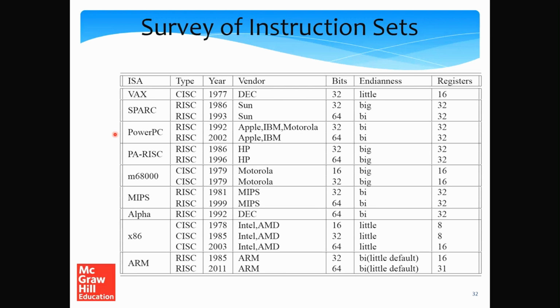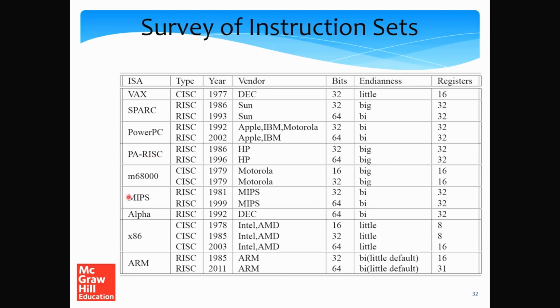Similarly, HP had its own instruction set, PA-RISC, that's still used in high-end HP servers, and Motorola had its M68K or M68000 instruction set. That was being used in Motorola processors. Now, of course, they are not in the processor business anymore.